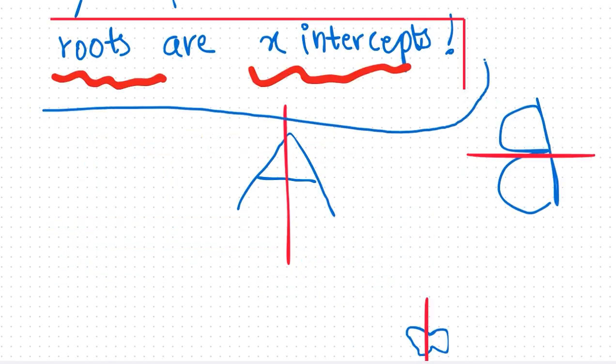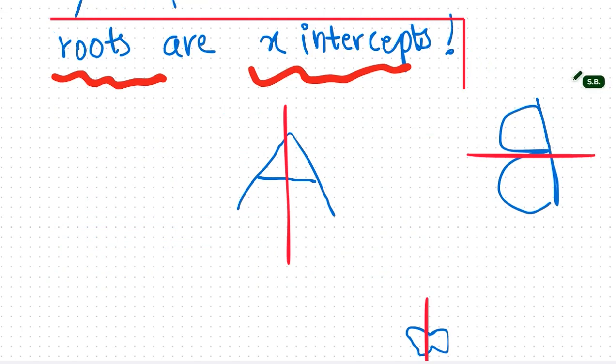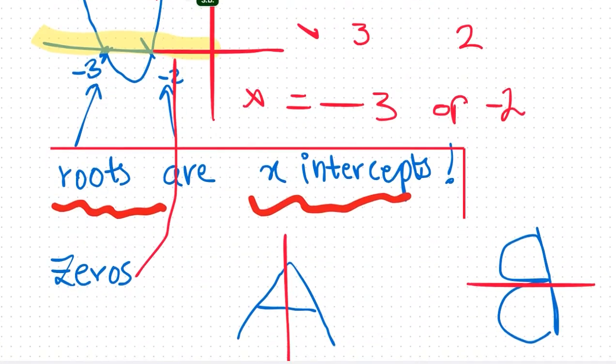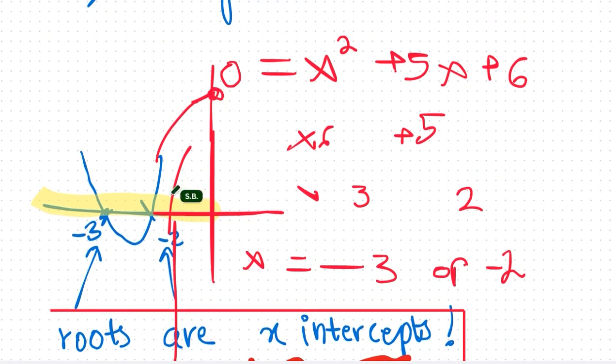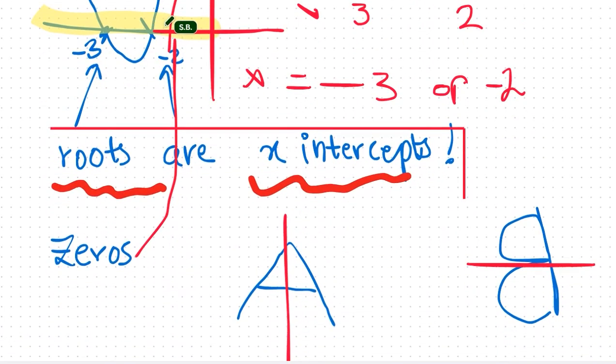So now that you understood roots are x-intercepts, what does it mean when you say zeros? Zeros of a function. Zeros is another name for roots.